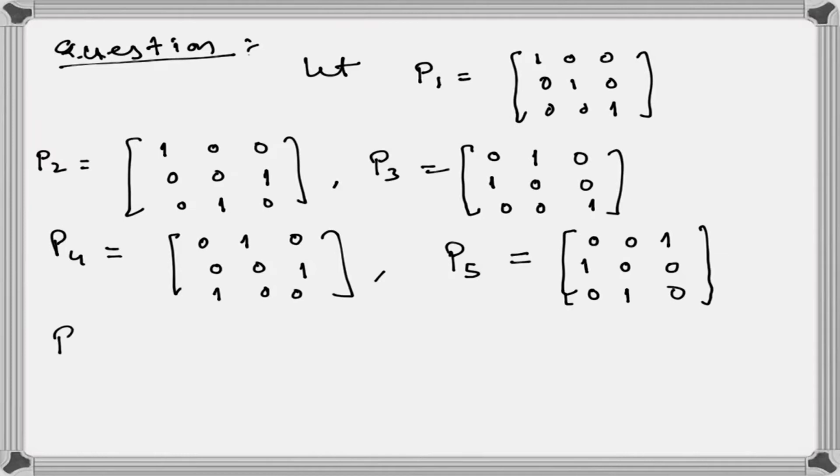And P6 is 0 0 1 0 1 0 1 0 0. So these are the 6 matrices. Here, if you see, in each row and column there is exactly one 1 and two zeros.